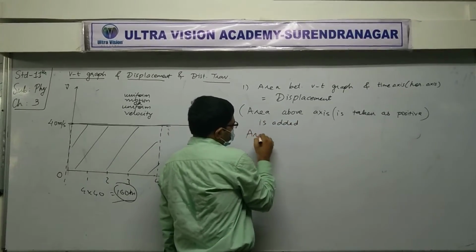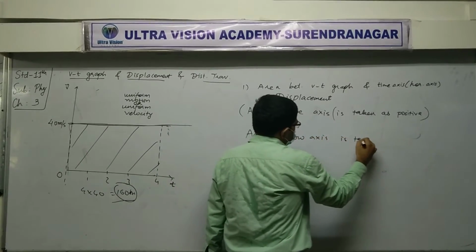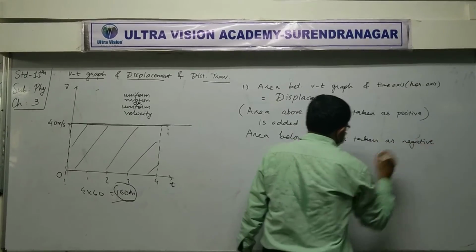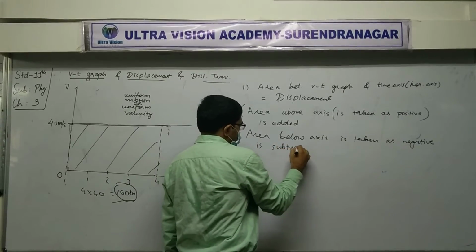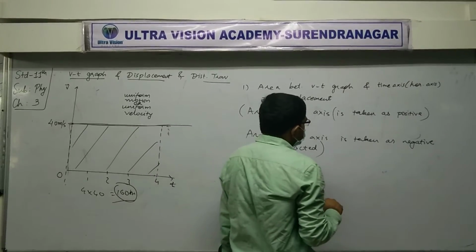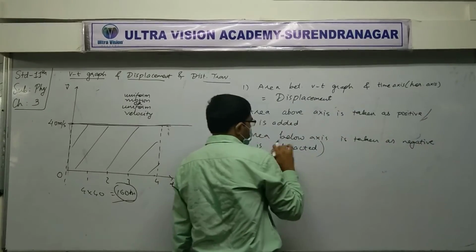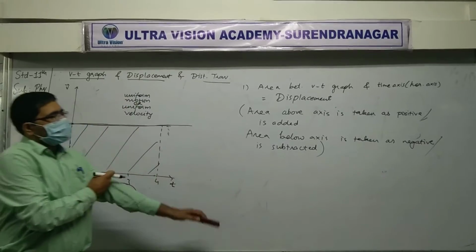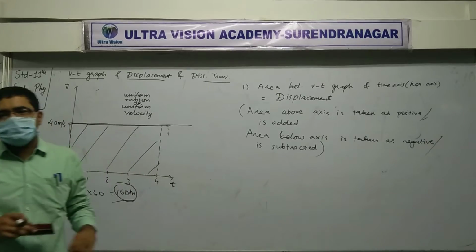And area below the axis is taken as negative, or you can write is subtracted. You have a choice on what you can write, but it is the same thing. So area above the axis is taken as positive, area below the axis is taken as negative.